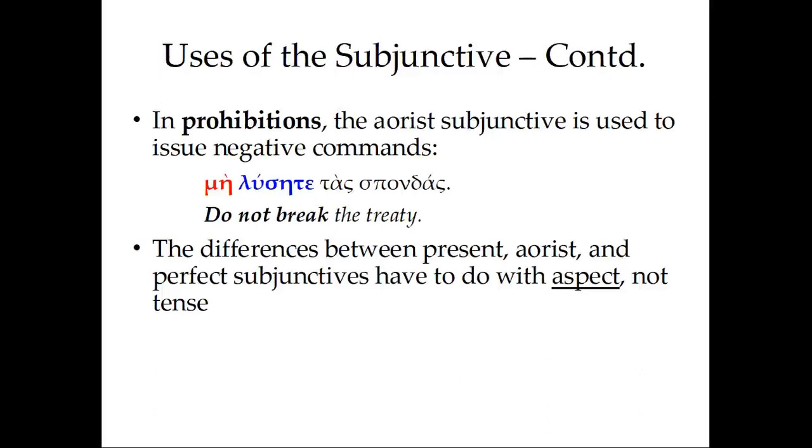The differences between present, aorist, and perfect subjunctives have to do with aspect, not tense, just as with infinitives, where differences between present, aorist, perfect, and future usually have to do with aspect and not tense. And we talked about why it's appropriate in the examples we just saw to see the aorist subjunctive used rather than the present or the perfect subjunctive.